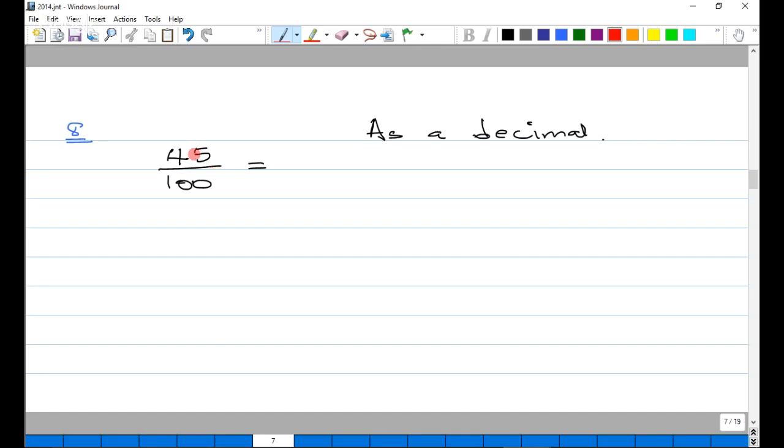So there are 2 zeros here. So I'm going to move 1, 2 places, add 0. So 0.45. All right. So 45 divided by 100 should give me 0.45. Okay.